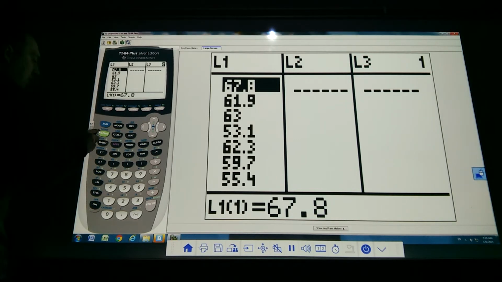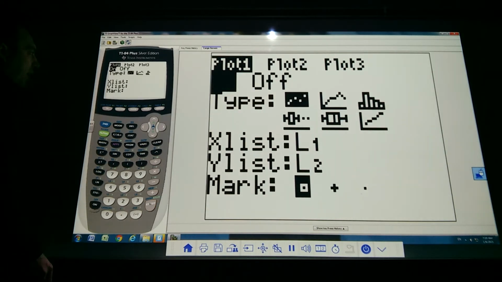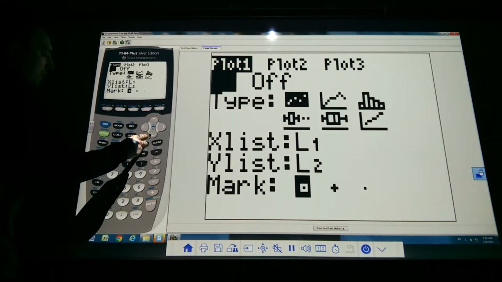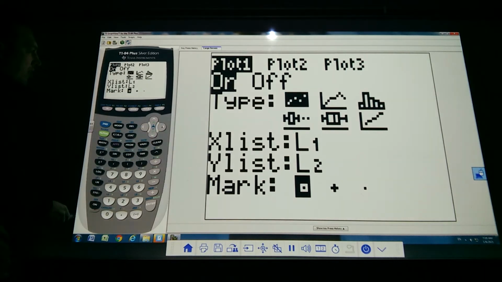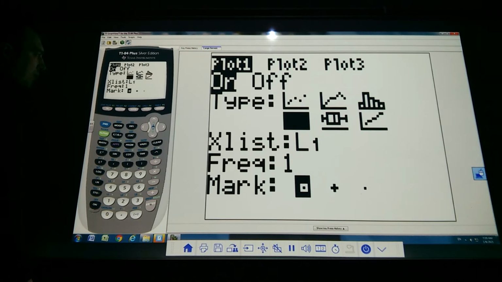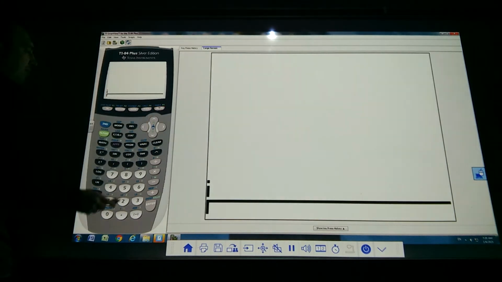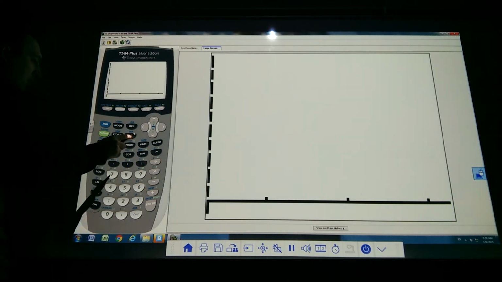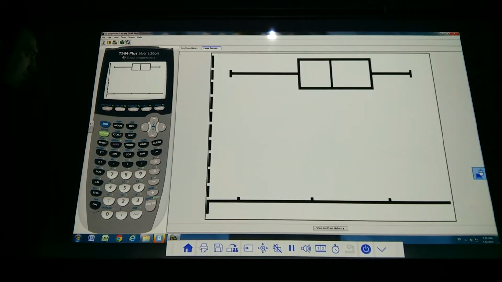So you go second, y equals. You go to plot number one and make sure that's turned on. Then we're going to make a box plot. I put my numbers into list one. Hit graph. If you can't see anything, hopefully you remember from first semester to hit zoom 9, and there it is. There are two things we're looking for.